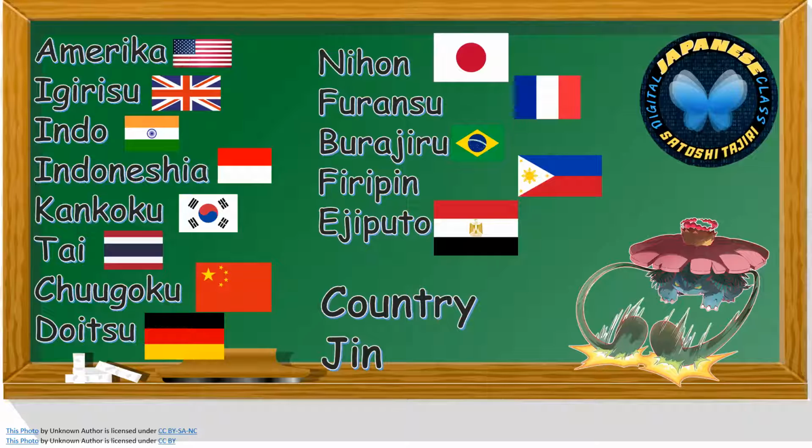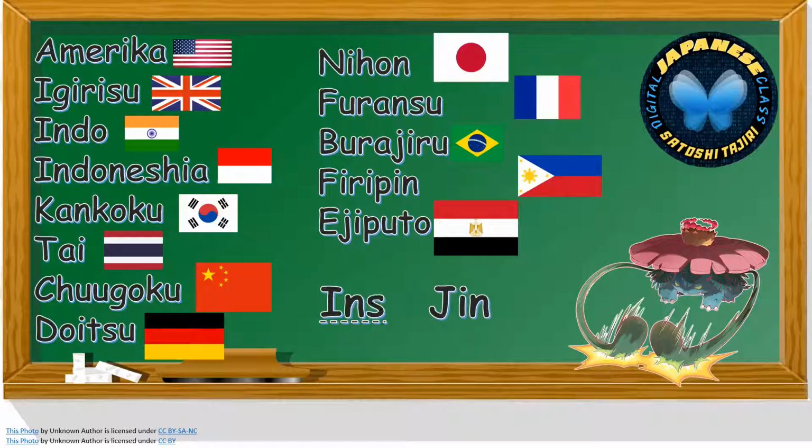For example, America becomes Amerika jin, which is the nationality of saying American. So for example, we want to say Indonesian. We just change America to Indonesia.